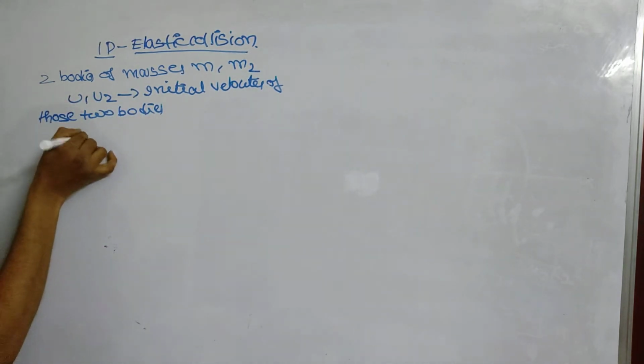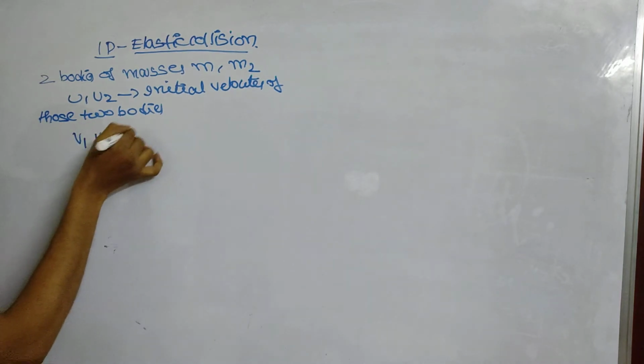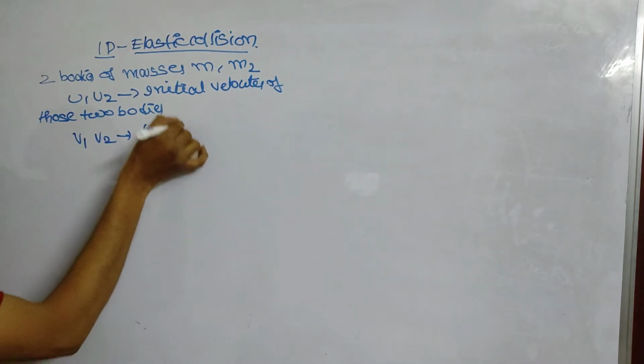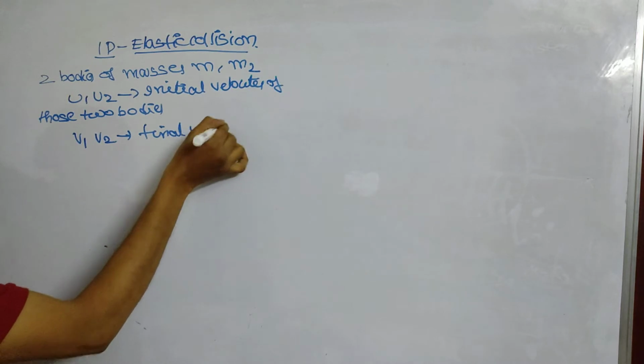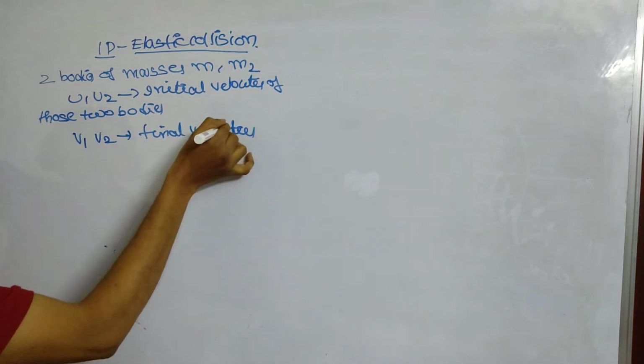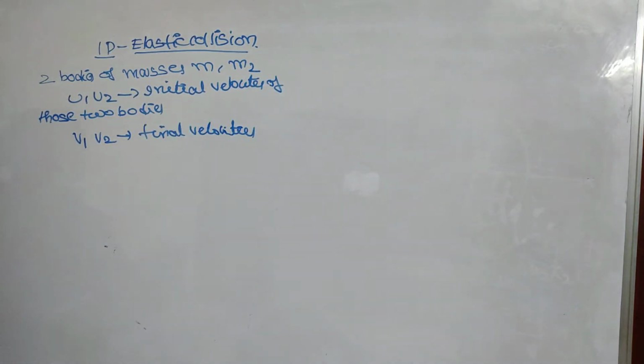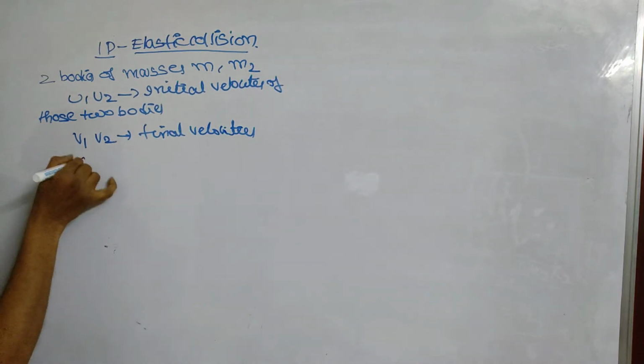After collision, v1 and v2 are final velocities.